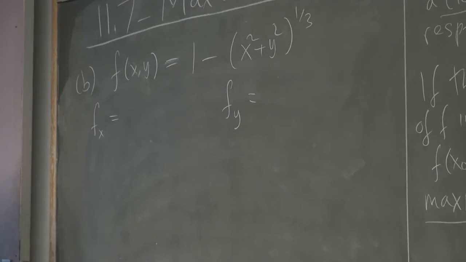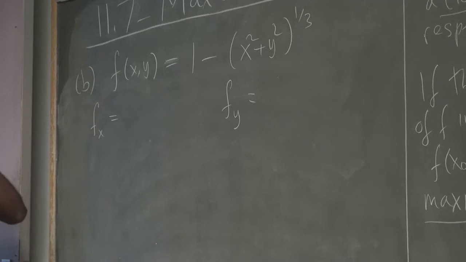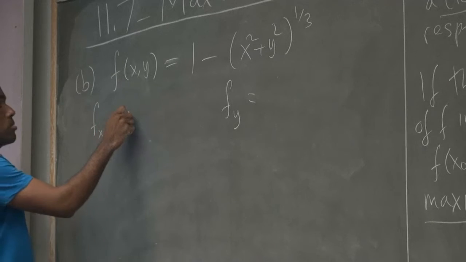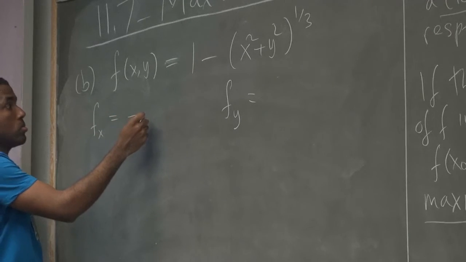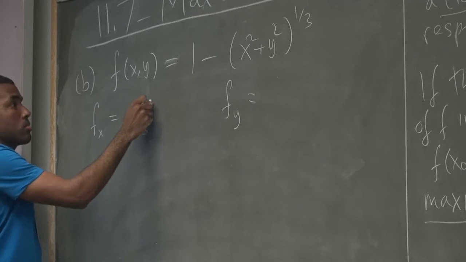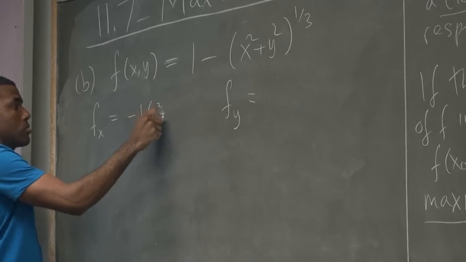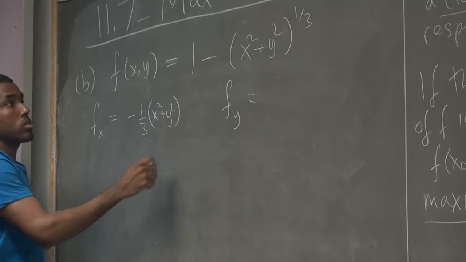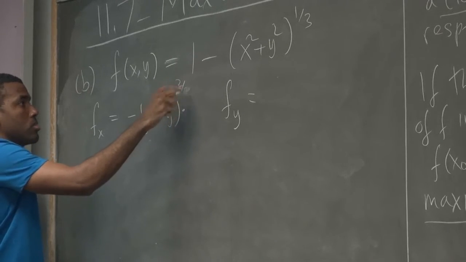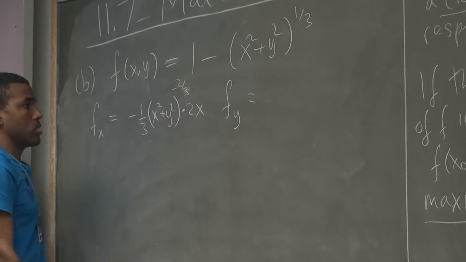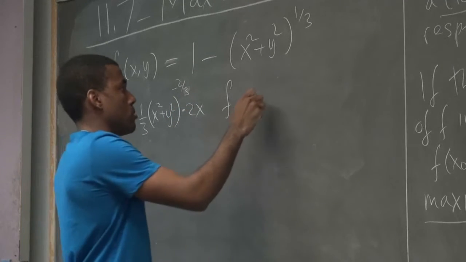Okay, so negative 1 over 3, times x squared plus y squared to the negative 2 over 3, times 2x.